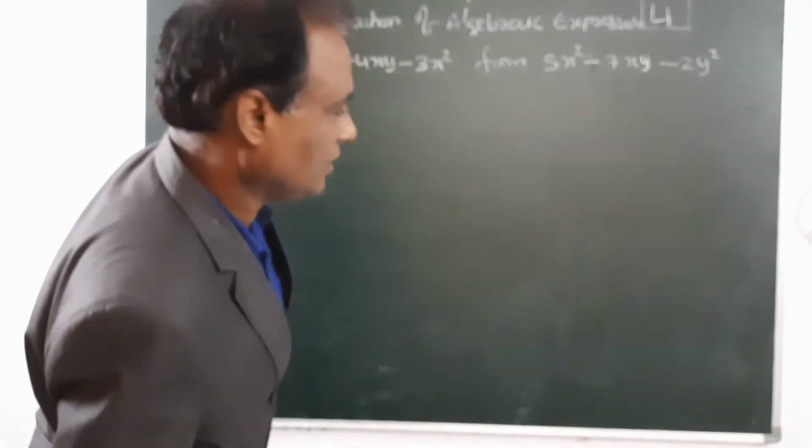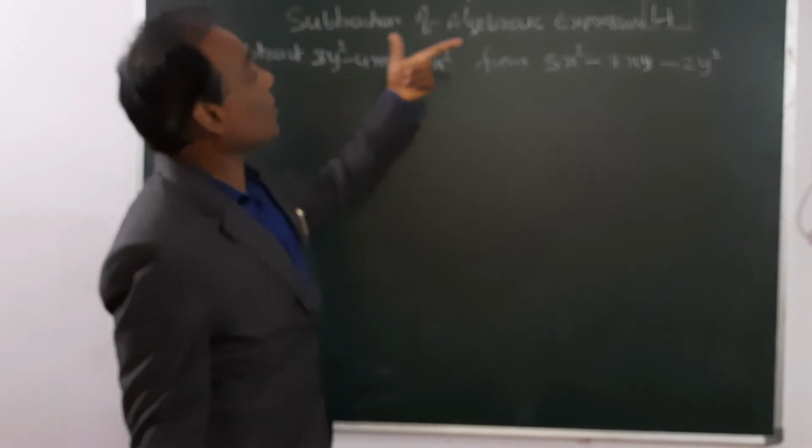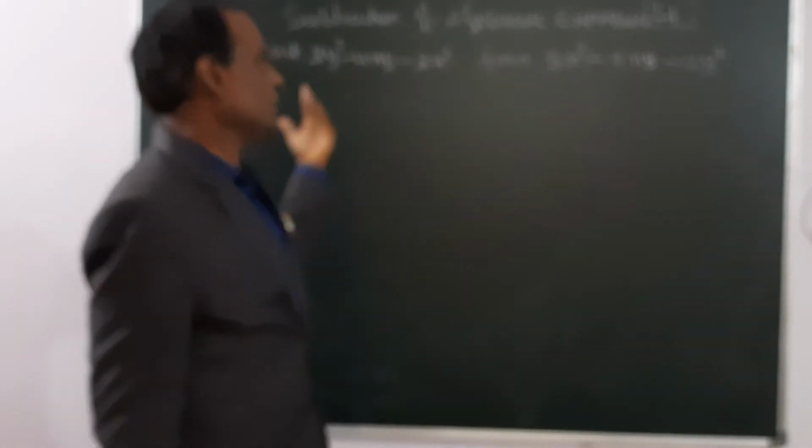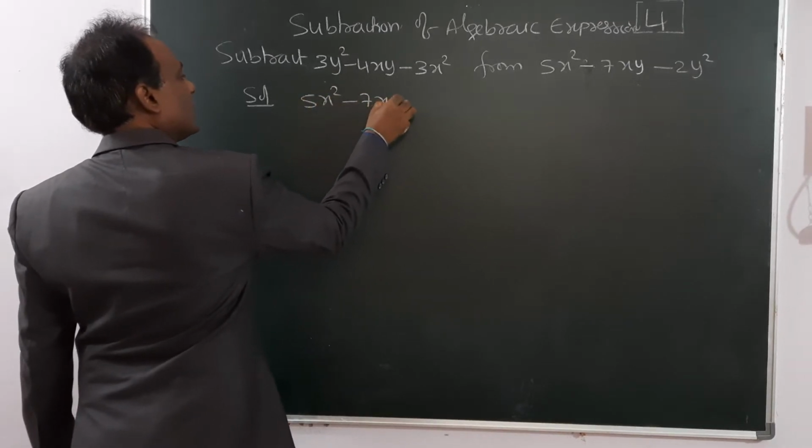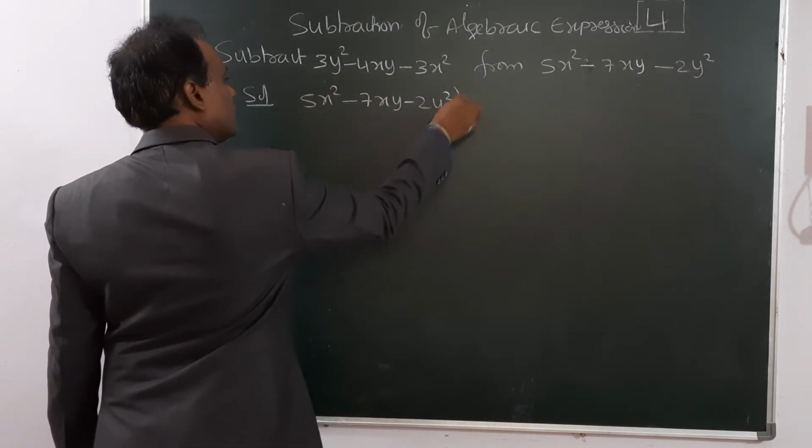See here. Subtract this from this. That means it should be written first. Solution. 5x square minus 7xy minus 2y square is written here.